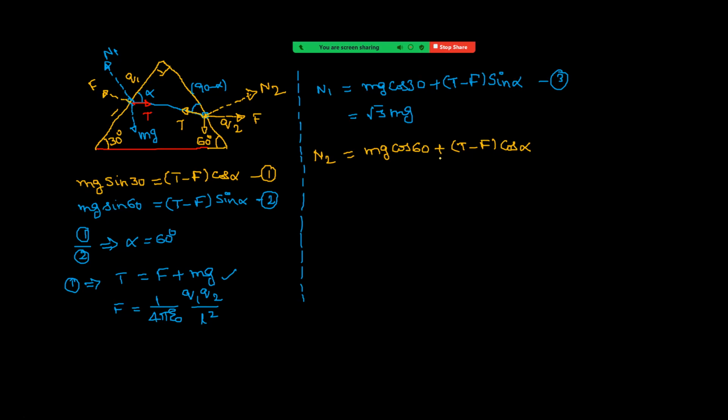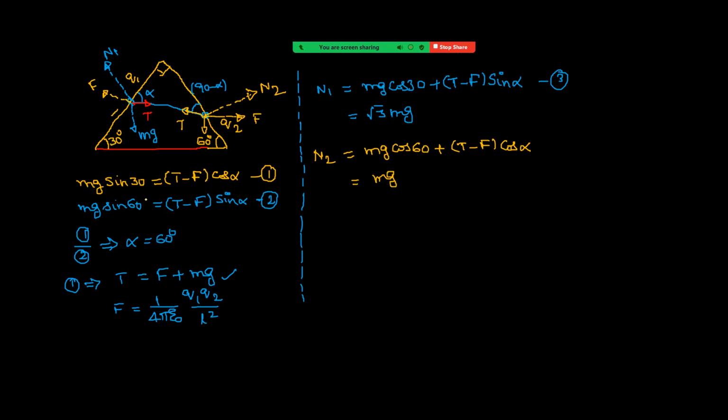Again, from equation 1, in the place of (t minus f) cos alpha, we can write mg sin 30. Here mg sin 30 means mg by 2, and this also mg by 2. That means N2 equal to mg.